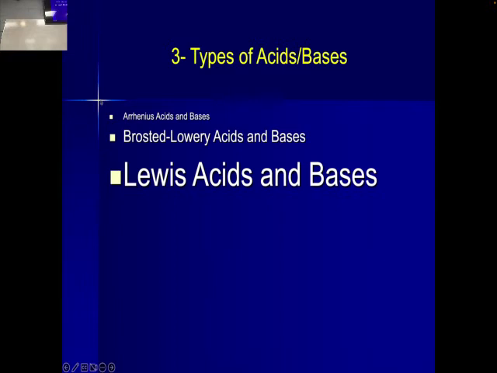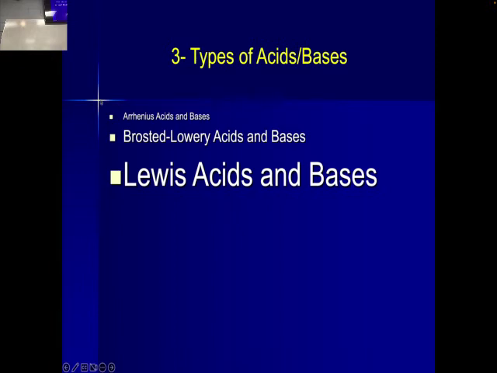If I put it in water and it makes OH minus, it's a base. The problem with that theory is it only involves water. Water has to be the solvent. Most of what we do in organic chemistry isn't done in water. Now, in terms of biochemistry, most of what you'll do is in water. But Arrhenius is just a subset of acids and bases under very special conditions.